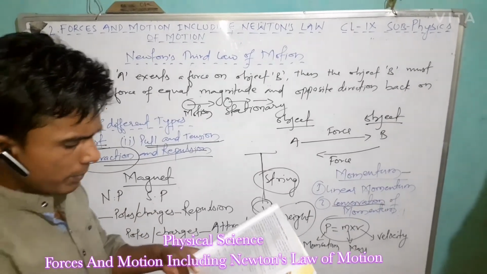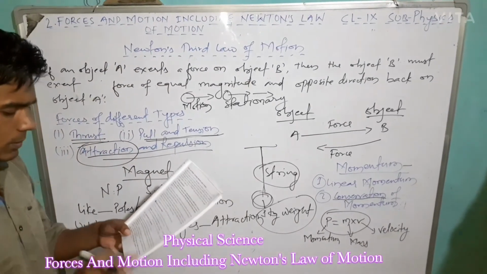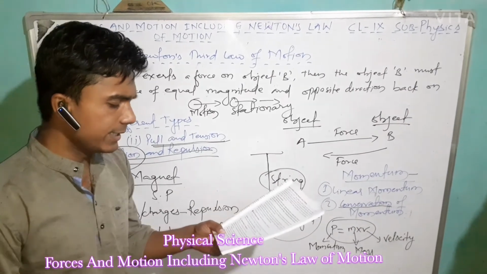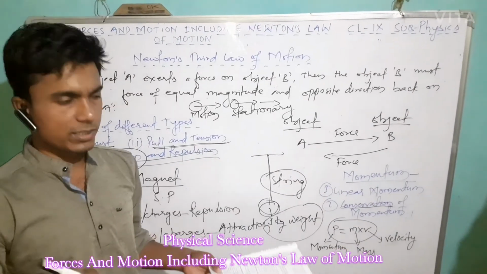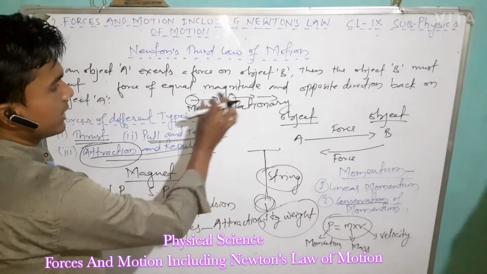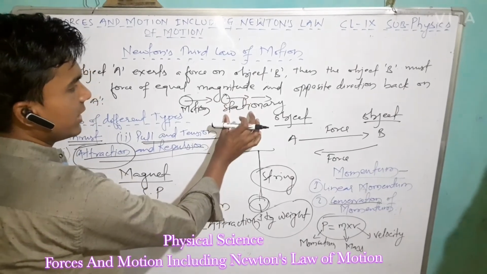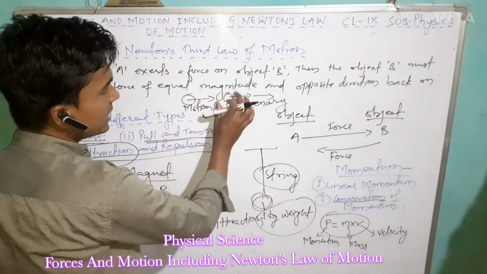The law of conservation of momentum states that in the absence of any external force, the total momentum of a system of interacting bodies is conserved. Like here, for this body, this is the external force which is acting on it. This is stationary, and this is in motion. While moving, it hits this body, right?